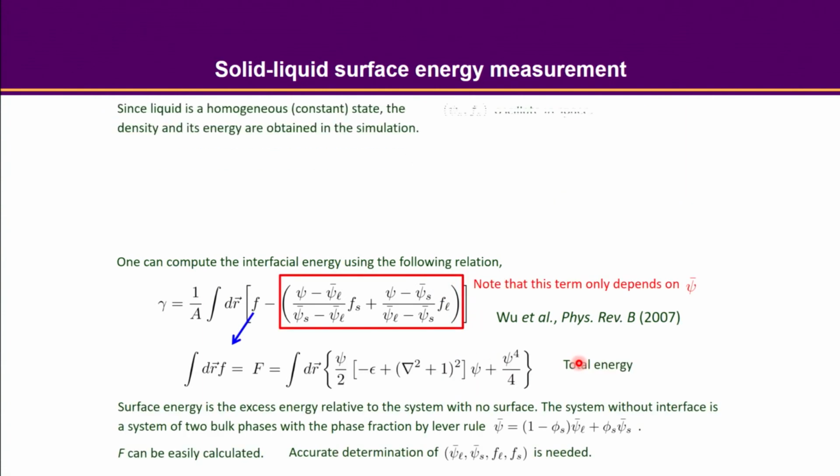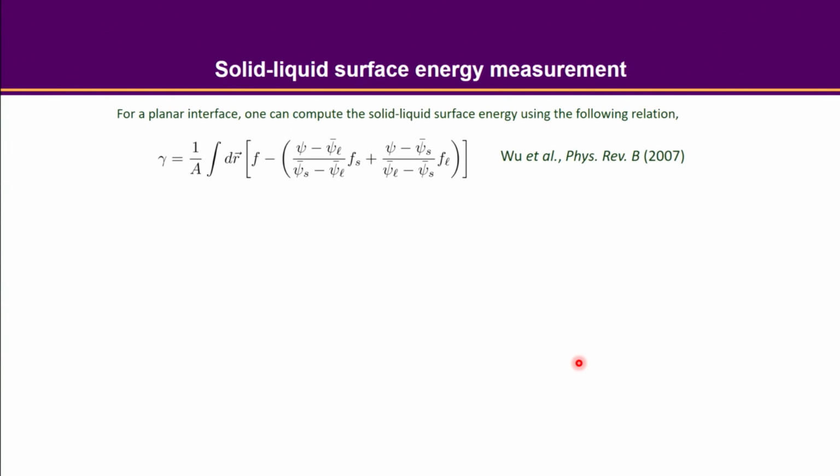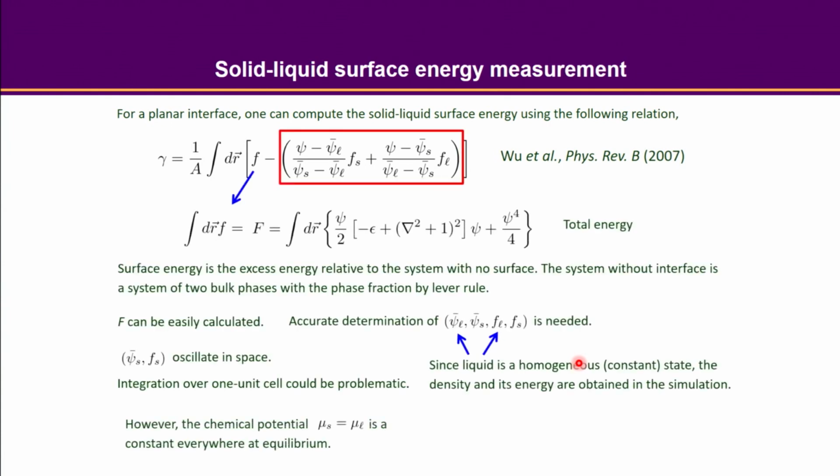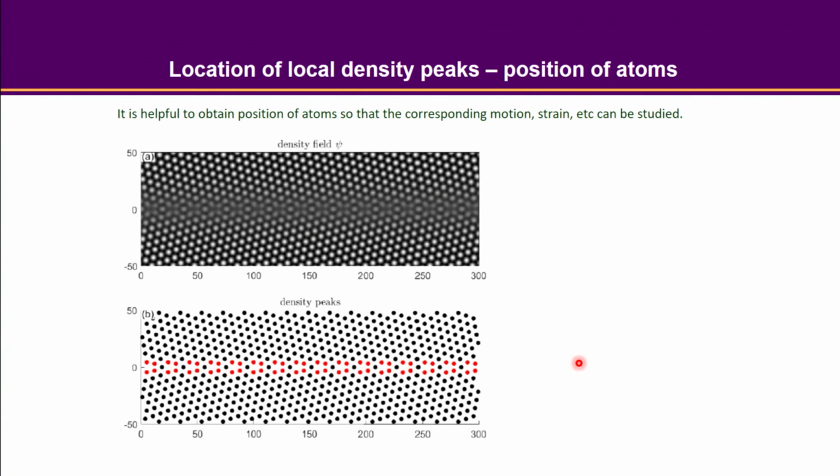So we are going to talk about one more thing, which is to pinpoint accurately the atomic positions in the phase field crystal, basically. So here is just one example from one of our papers. We try to study the grain boundary structure as this kind of bicrystal gets compressed. All right.